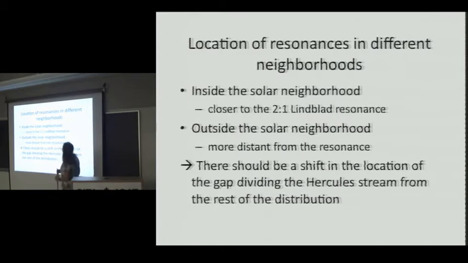So the location of the resonance should be different in different neighborhoods. If we know where it is in the solar neighborhood, then if we went inside the solar neighborhood, we should be closer to the resonance. And if we go outside the solar neighborhood, we should be farther from the resonance. So if I make these UV plane plots in different places in the galaxy, I should see a shift of this gap.